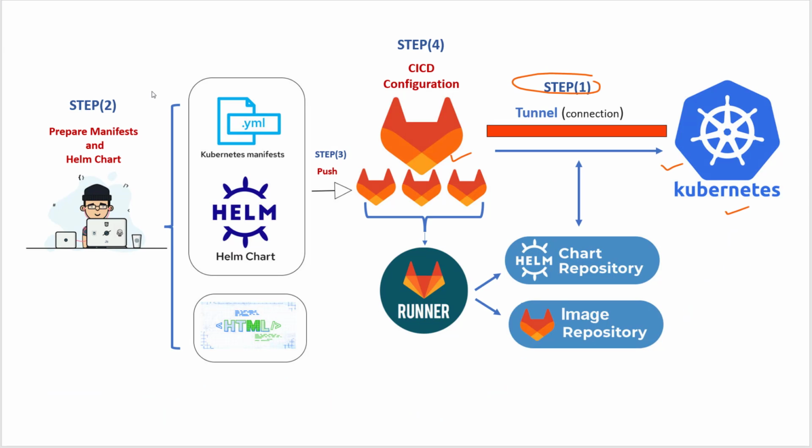As you see in this diagram, I'm going to use 3 repositories for this lab, but you can use only one. The first one is used to make a connection between the GitLab server and the Kubernetes cluster.